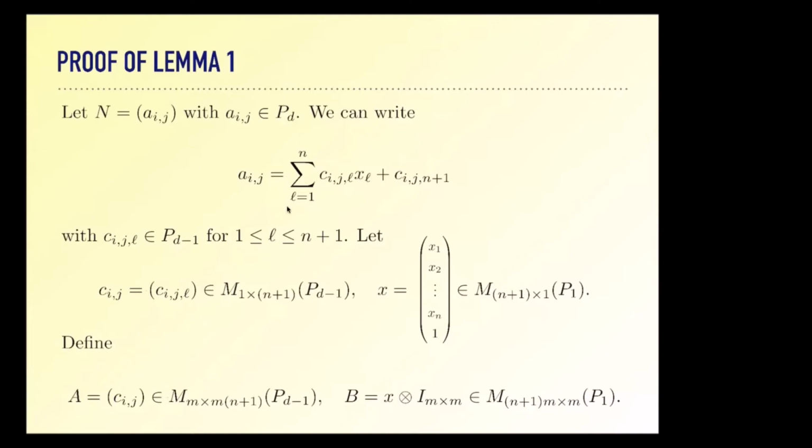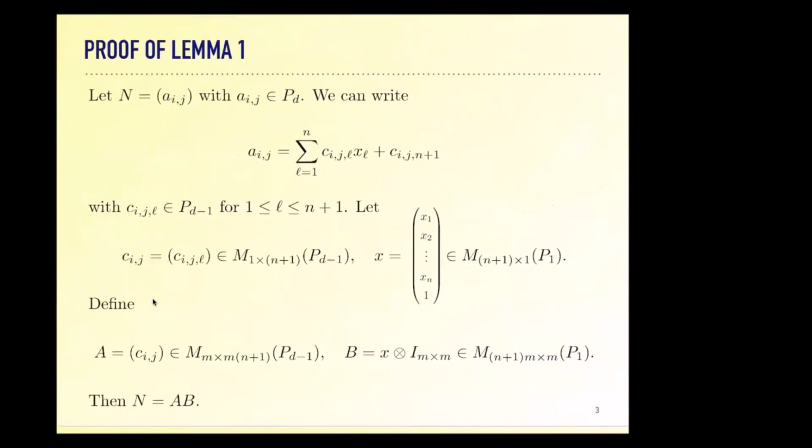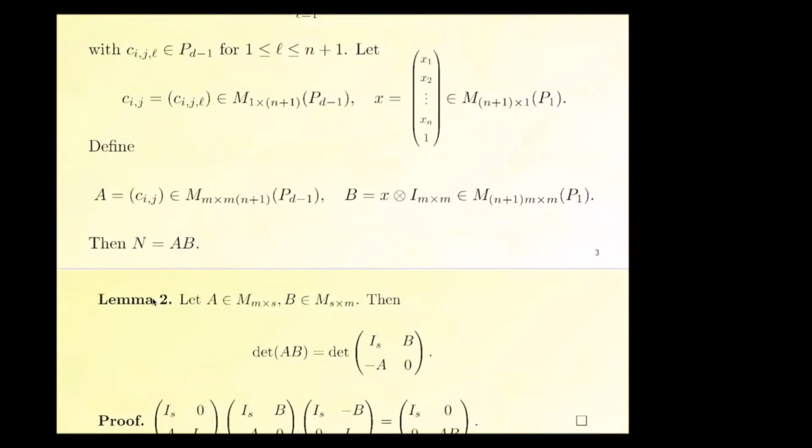So the point is that Aij is the product of this row vector with this column vector, so that when you put them all together, you get that your original matrix N is the product of this matrix A times this matrix B. So B is just the tensor product of X with the m by n identity matrix. Okay, so with that, that proves lemma 1.